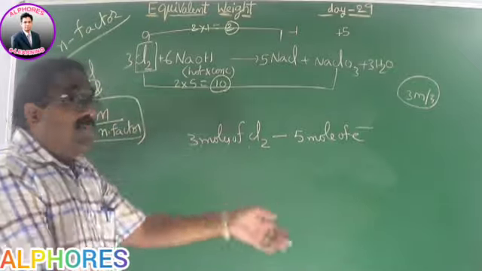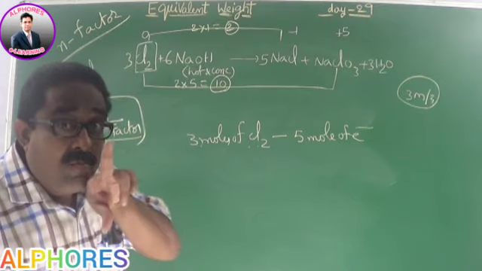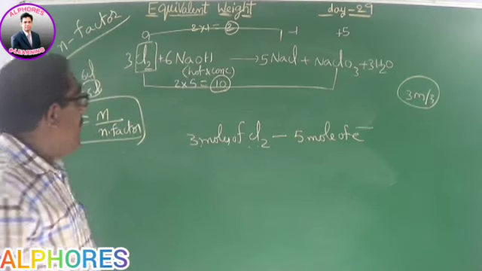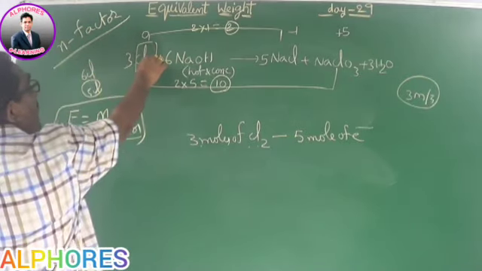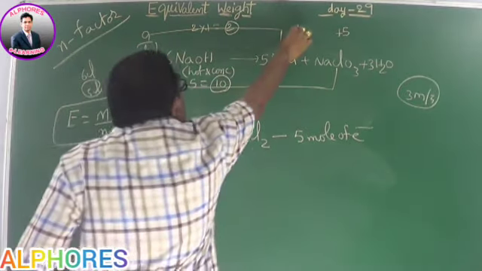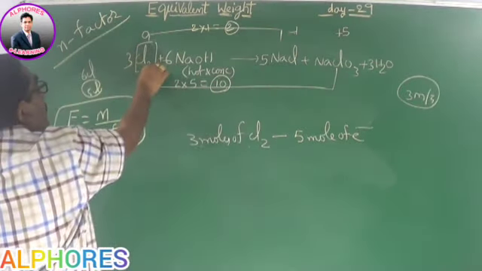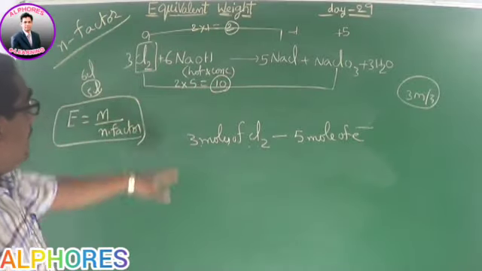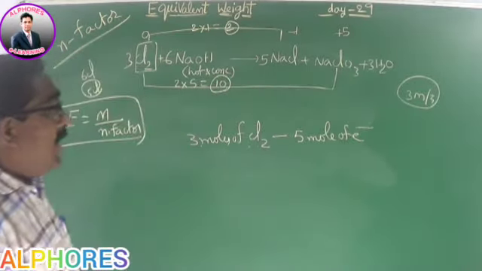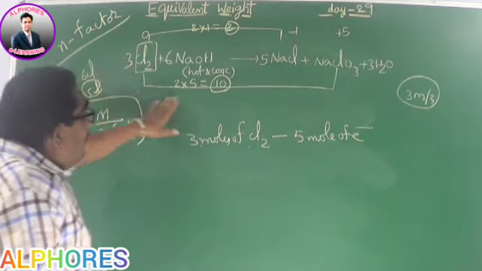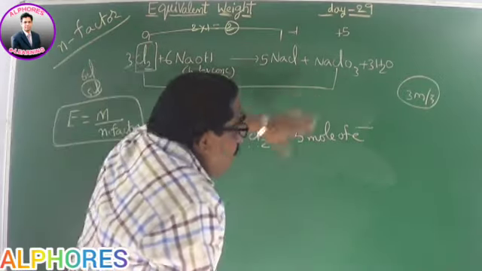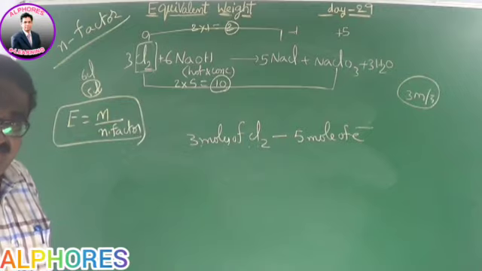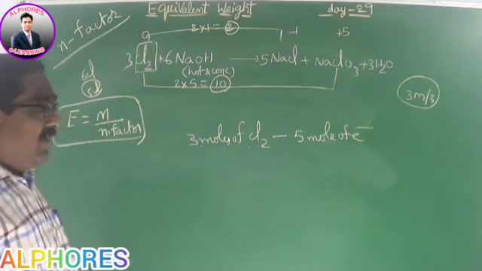Out of the total 6 chlorines, 5 are undergoing reduction and 1 is undergoing oxidation. Total for this change 5 and for that change also 5. So finally you can write like this.